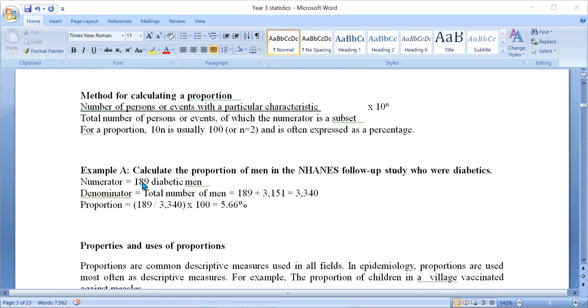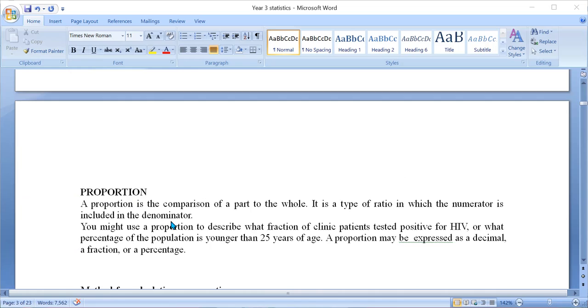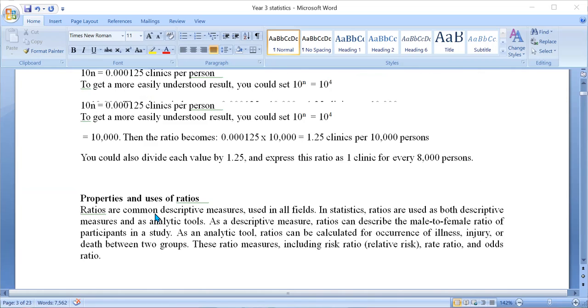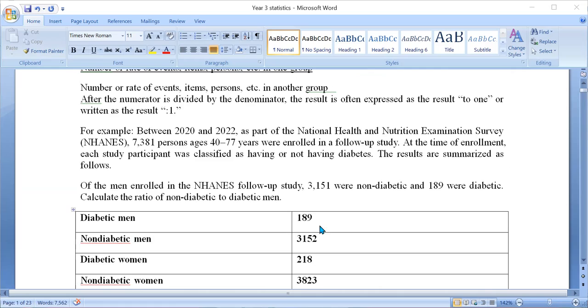Example: calculate the proportion of men in this study follow-up who were diabetics. In that one we did, we want to calculate the proportion, no longer the risk, no longer the ratio of the risk. Now the numerator: the total number of men who were diabetic were 189, if you can recall.